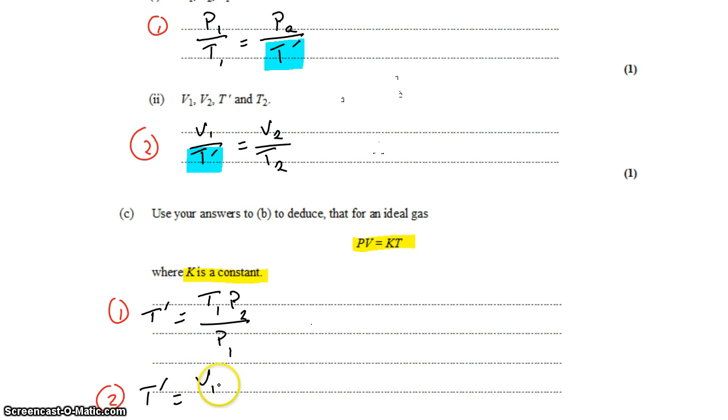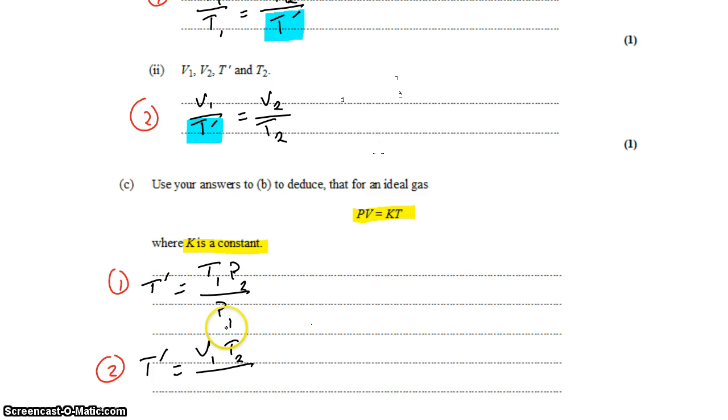That's V1 T2 on V2. Again, a cross multiplication and a division to solve for T prime. Now what I can do is equate these two and say T1 P2 on P1 equals V1 T2 on V2.